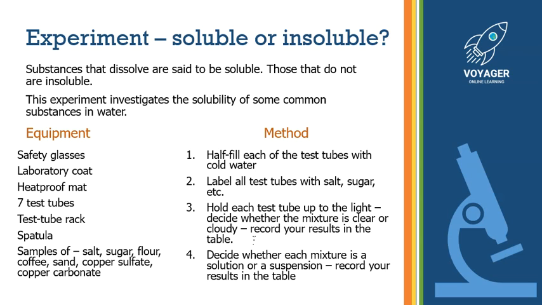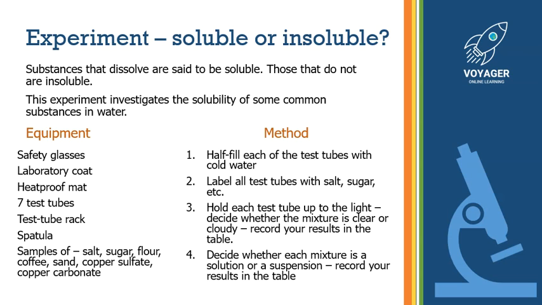And then I'd like you to record your results in the middle column of your table. And then once you've recorded your results, decide whether each mixture is a solution or maybe a suspension. And you can record your results in the table. So I'd like you to go ahead now and conduct this experiment.